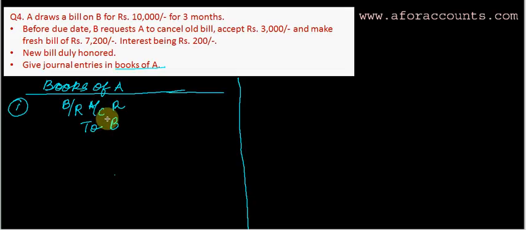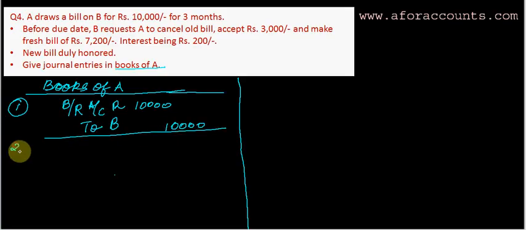Maybe he is the drawee, and when I draw a bill, it will be bills receivable. So A draws a bill on B of rupees 10,000 for 3 months. So 10,000 here. Draws on B. So B is the drawee.